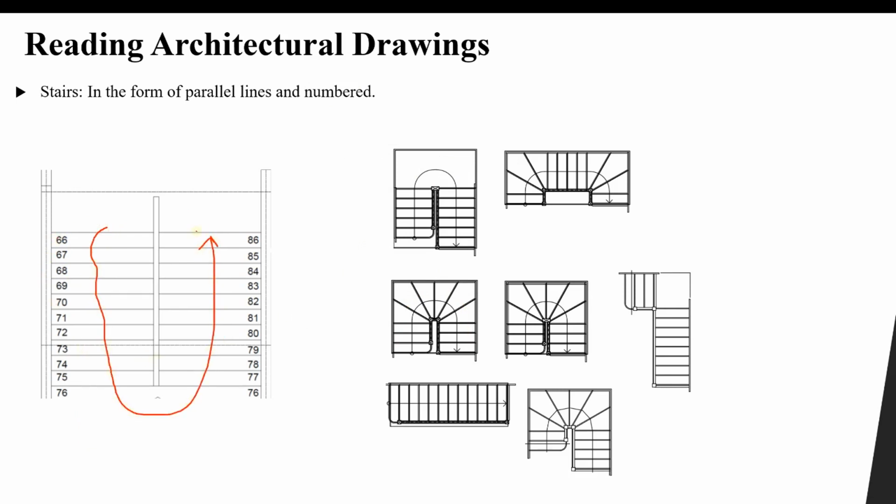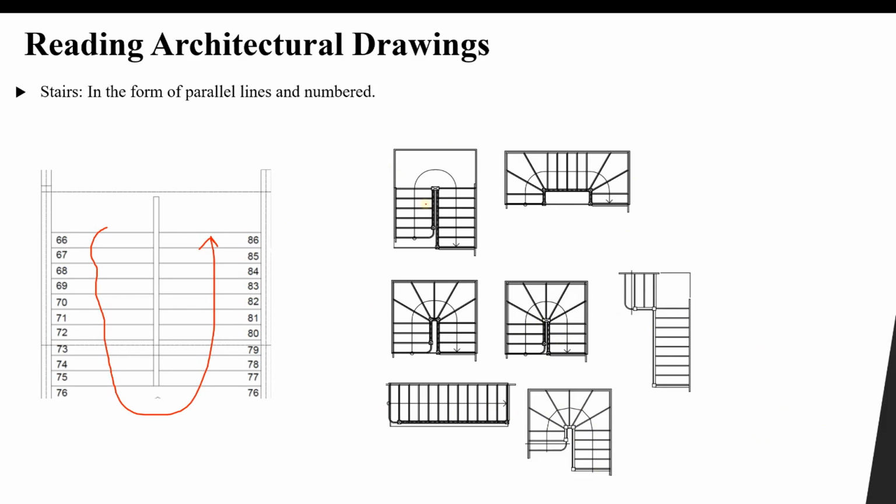If I don't have these numbers, we will have arrows that give us the direction of the stairs. This is the lower point and this is the upper point. We go up like this, and like this, etc. So these are the symbols of stairs.